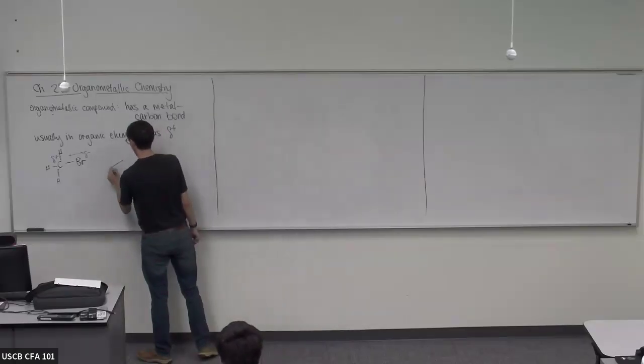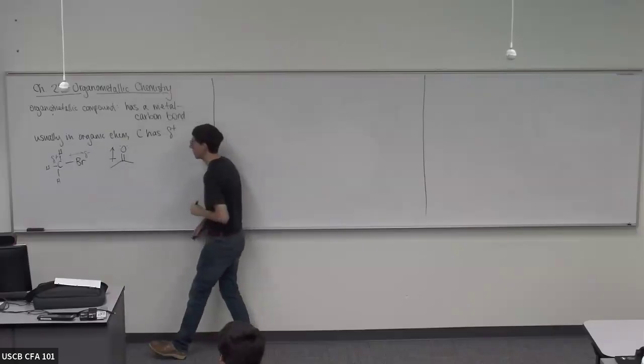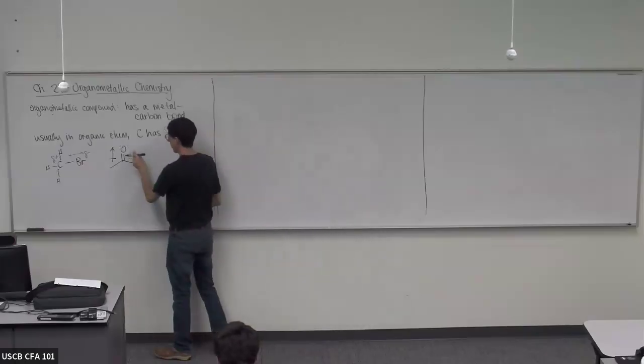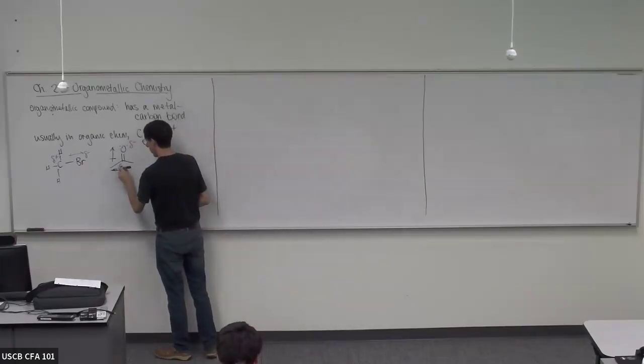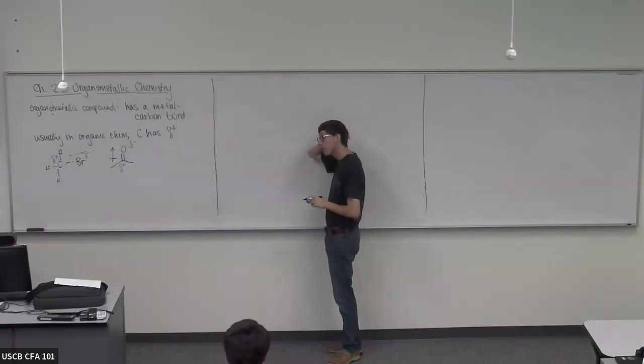Another example would be acetone. The oxygen is more electronegative than carbon, so it pulls electron density toward itself.